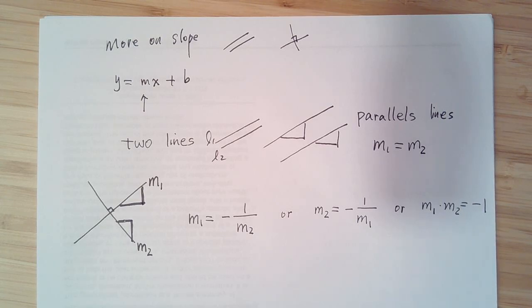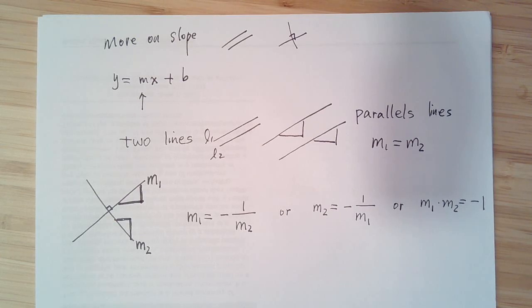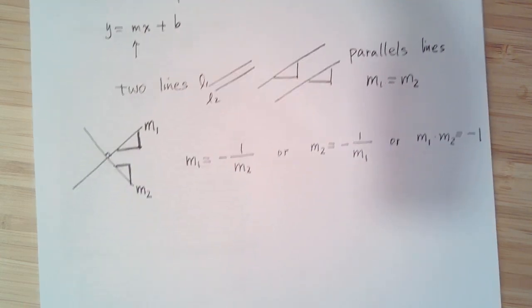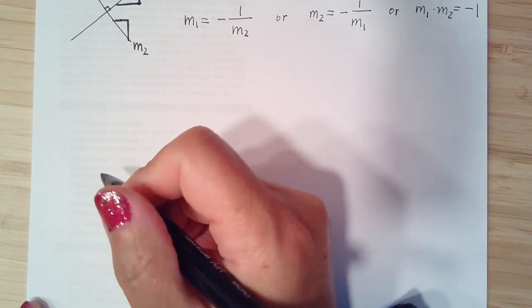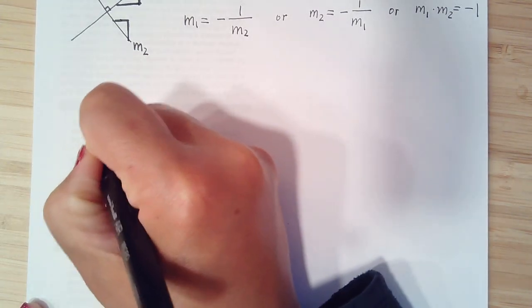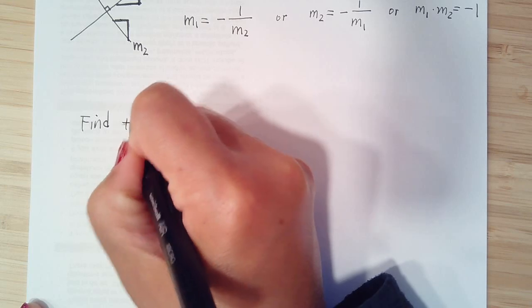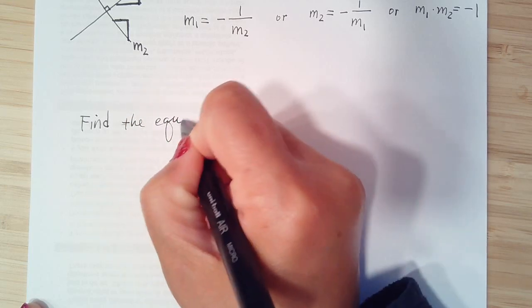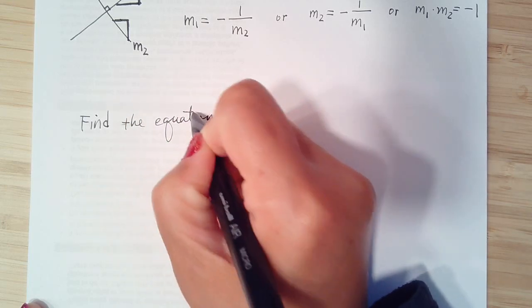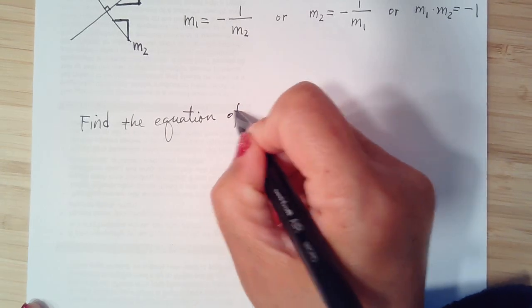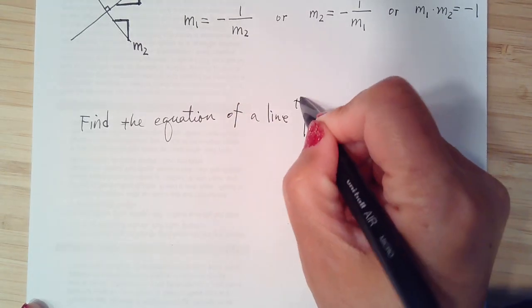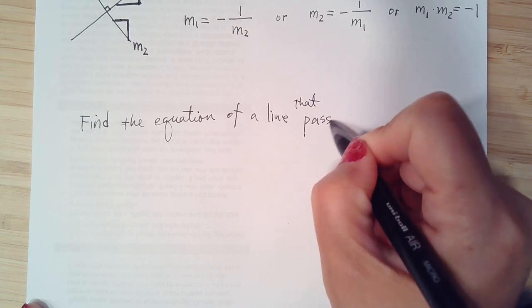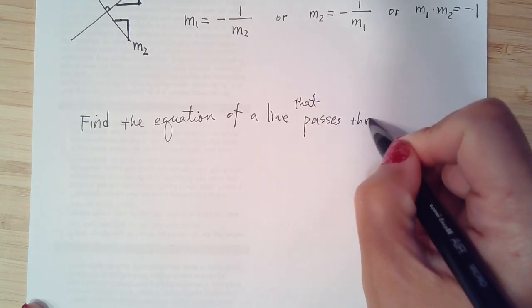All right, so that is the general idea that we're going to learn in this session, and we're going to work on some real questions so you can get some exercise. Now, I ask you to find the equation of a line that passes through a point.